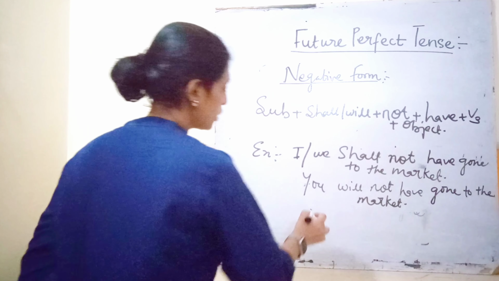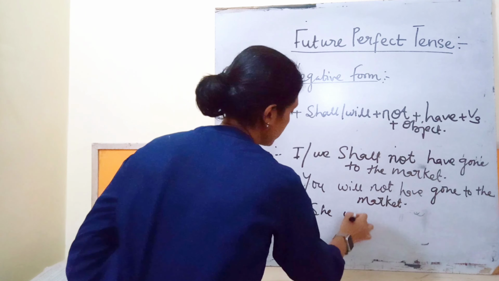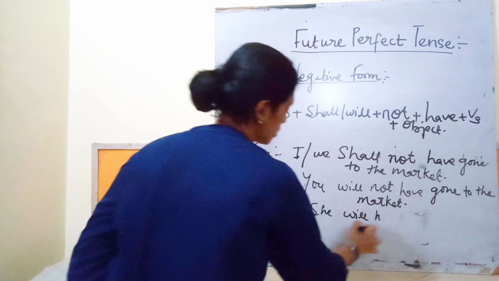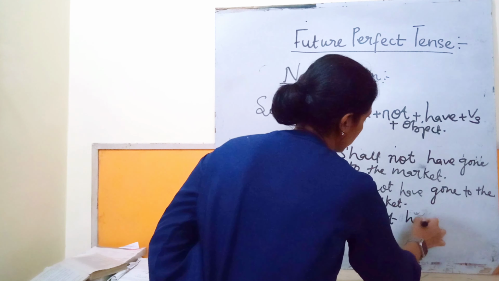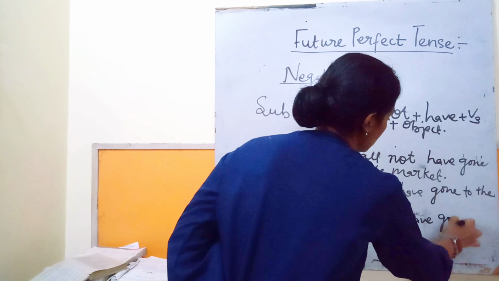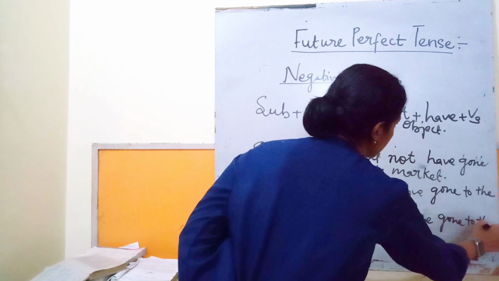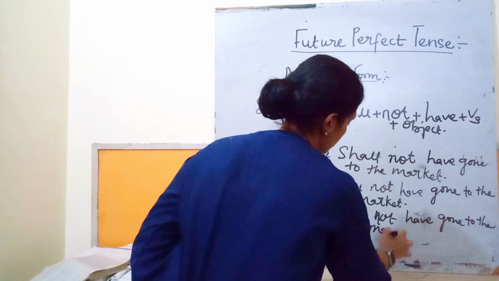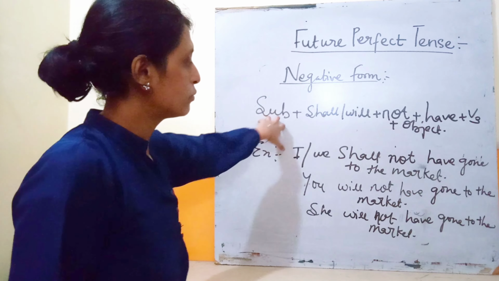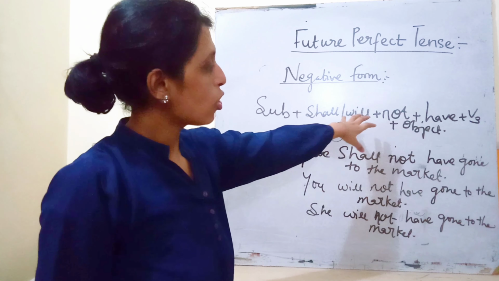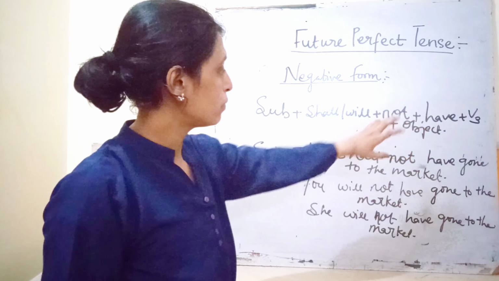Okay. She will not have gone to the market. So, the negative form will be subject plus shall or will plus not plus have plus verb's third form plus object.